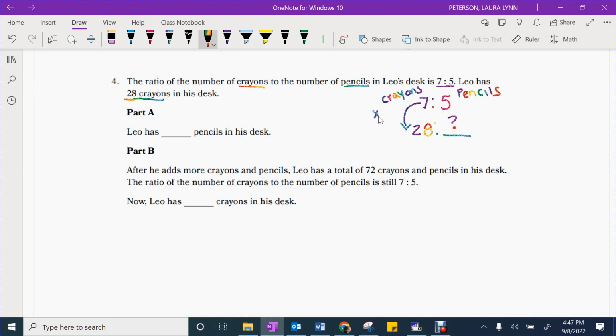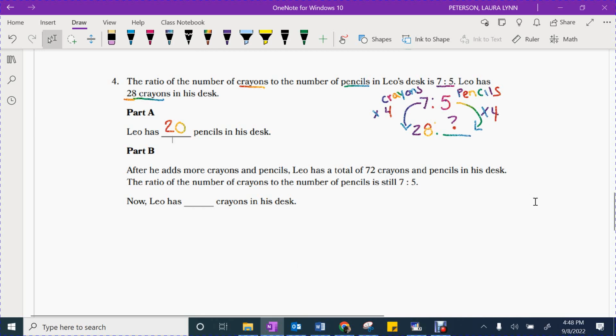So I'm going to figure out 7 times something is 28. Well, I'm pretty sure that's 4. And if I multiply one side of my ratio by 4, I have to do it to the other. What does that mean? It means I'm doing 5 times 4, and that's 20. So there are 20 pencils in Leo's desk.